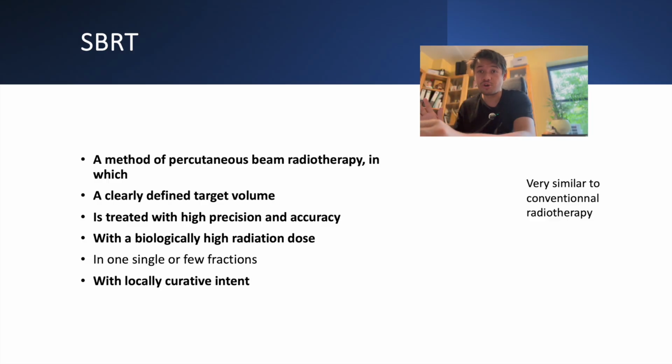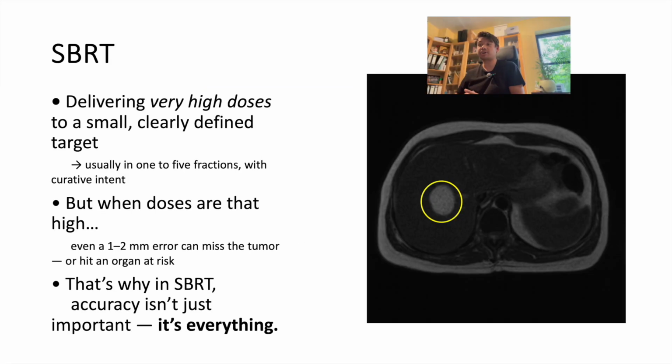You could also argue about precision, but conventional radiotherapy is already very precise with immobilization masks and daily image-guided radiotherapy. Here we are giving very high doses in only a few fractions, so there is absolutely no room for error. The precision required in SBRT is on a completely different level.